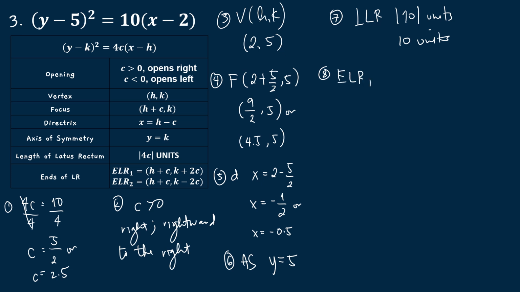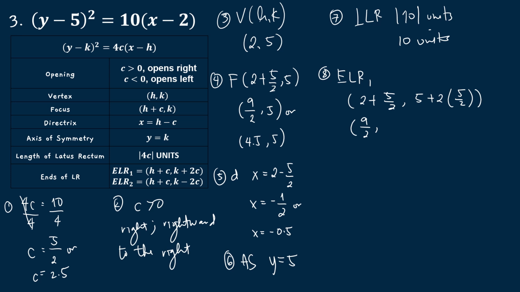So ELR1 solution-wise, it would be 2 plus 5 halves, comma, k, which is 5 plus 2 times 5 halves. So that would be 9 over 2, comma, and 2 times 5 halves is equal to 5.